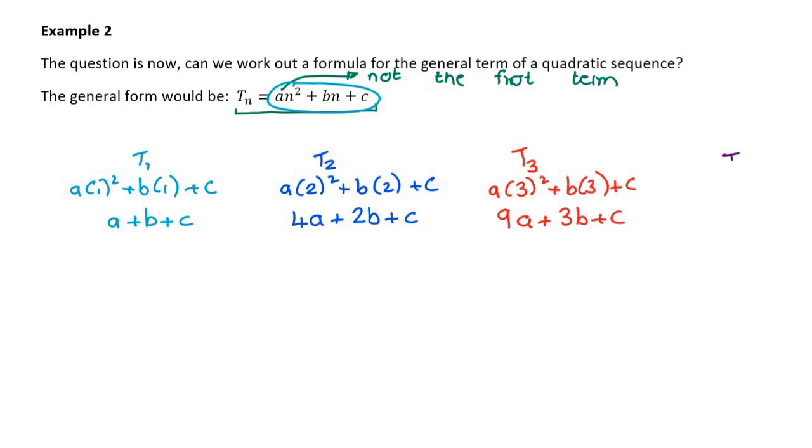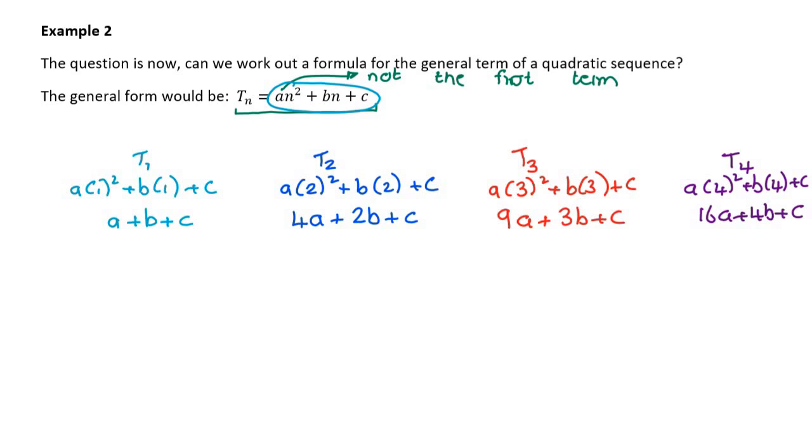And our fourth term would be a times 4 squared plus b times 4 plus c, so that would be 16a + 4b + c. I'm doing the same thing as with the linear pattern, where we said a, then a + d, then a + 2d. It's just a lot more complicated. So an expression for my first, second, third and fourth terms are here.